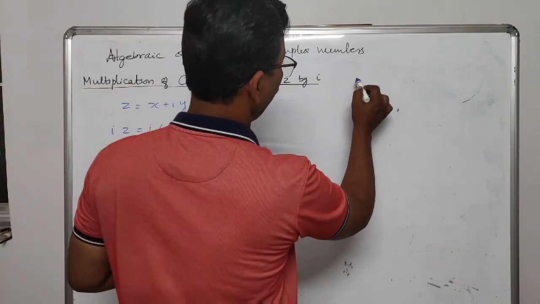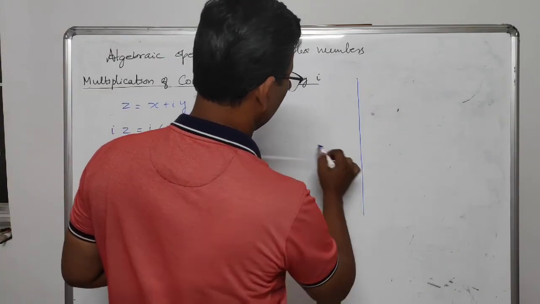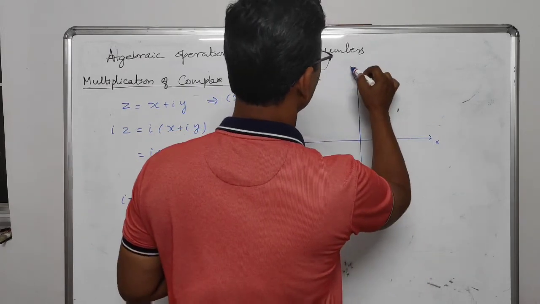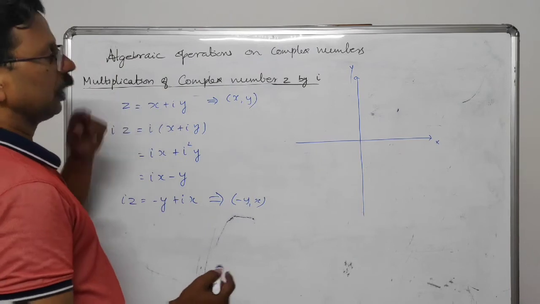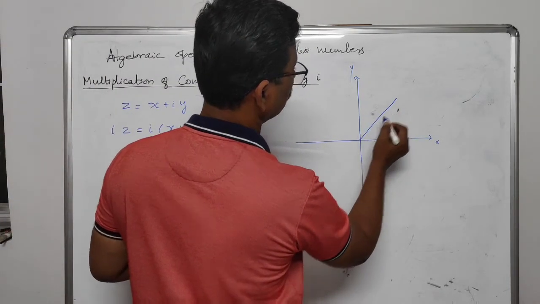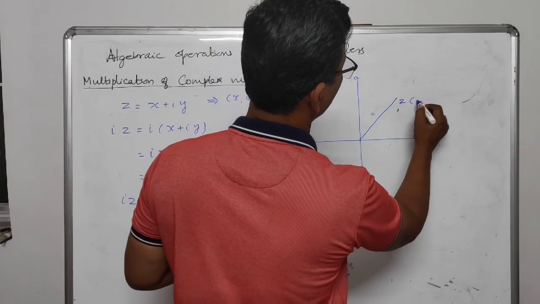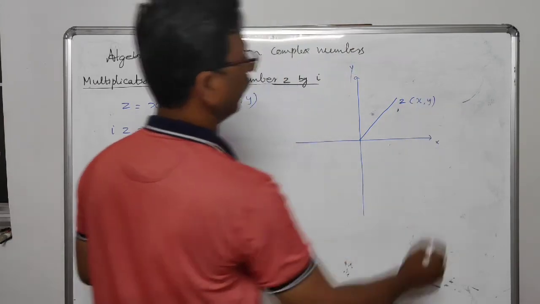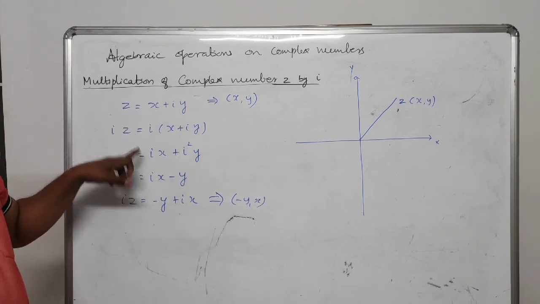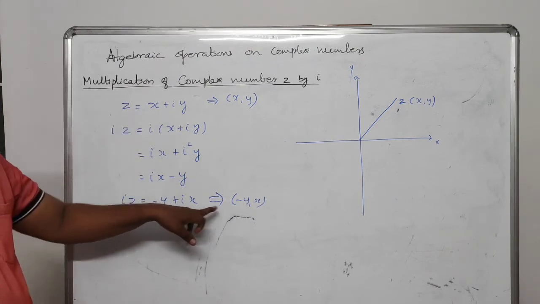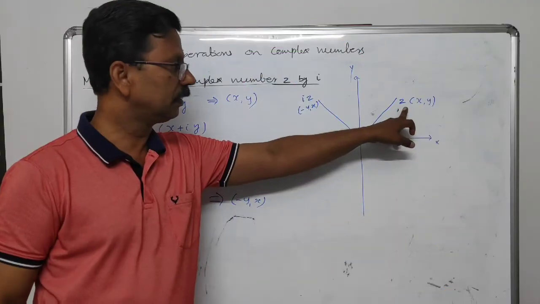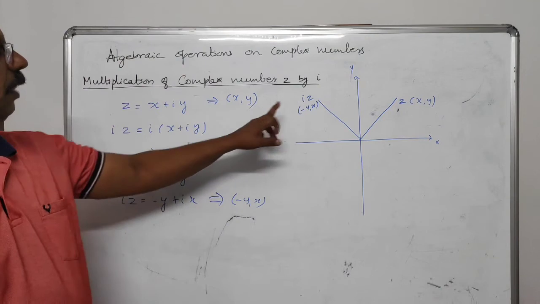See here, if you consider the Argand plane, this is the x axis, this is the y axis. Now this x plus iy, you can take this as z, whose coordinates are (x, y). Now if you multiply this z by i, you will be getting (minus y, x), which will be here. z by i becomes iz.